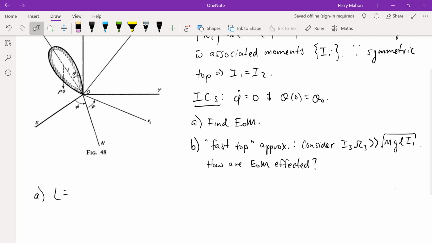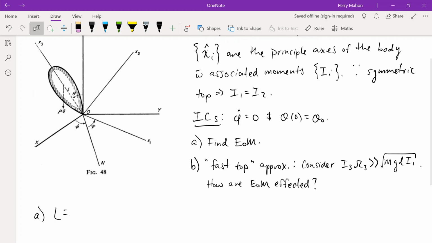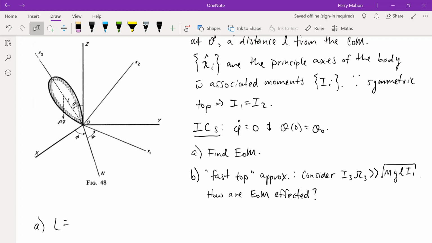However, reiterating what I said before, the constraint that this thing is heavy reduces the degrees of freedom to 3, and it turns out to be convenient to set the origin of the body frame to actually coincide with the origin of the lab frame.